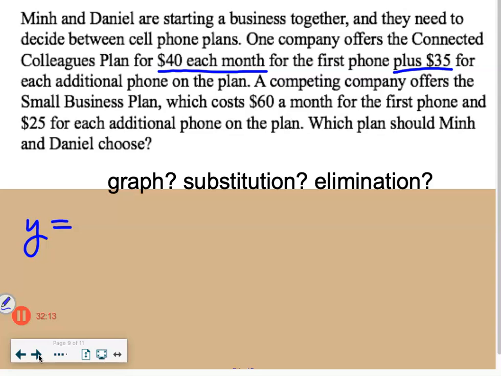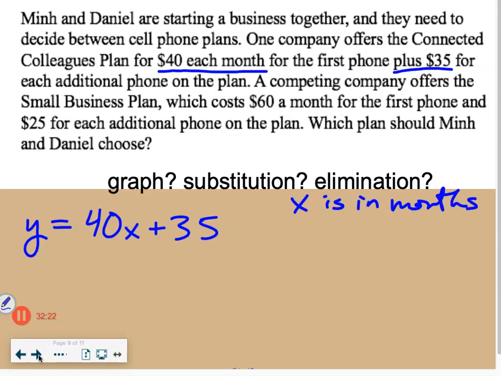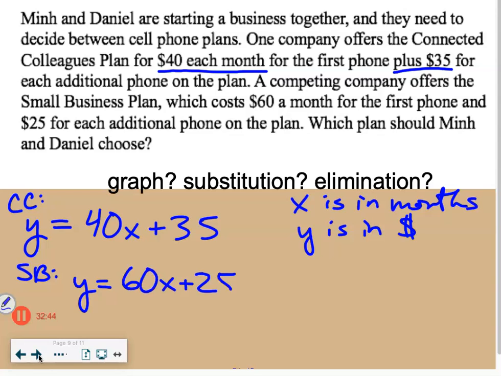Very good. 40x plus 35, where x is in months and y is in dollars that you have to spend. All right, so this right here, this would be for the Connected Colleagues plan. And then the Small Business plan, what would that equation be? 60x plus 25. So you have two different plans.